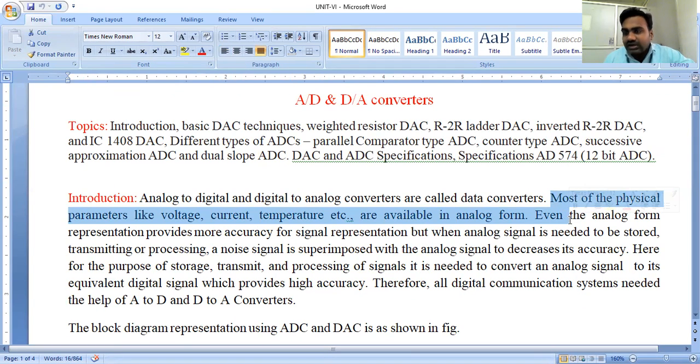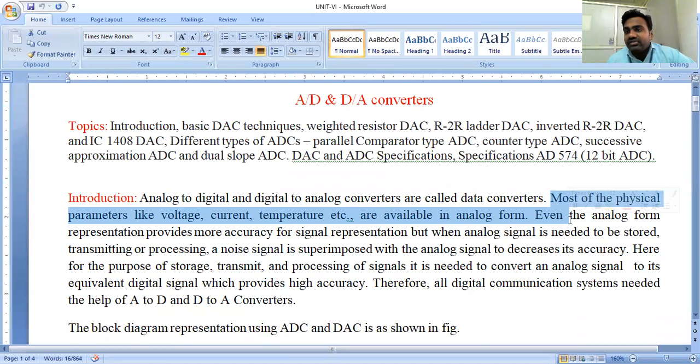Voltage, current, temperature and power. Normal physical quantities like temperature and pressure are also available in analog form in nature.